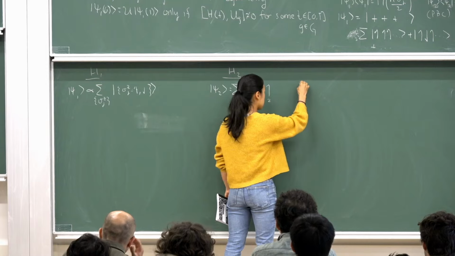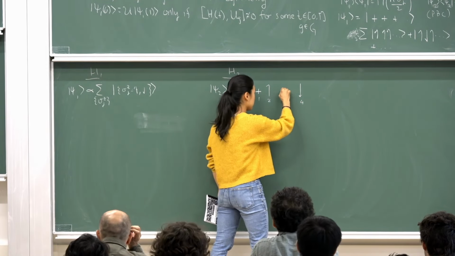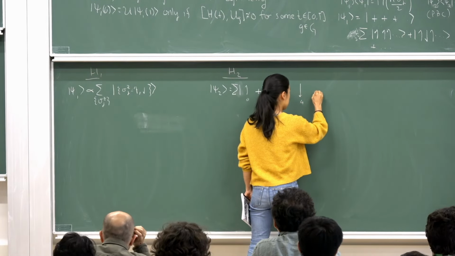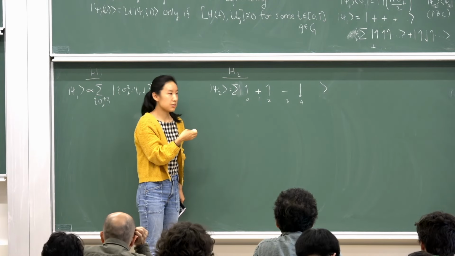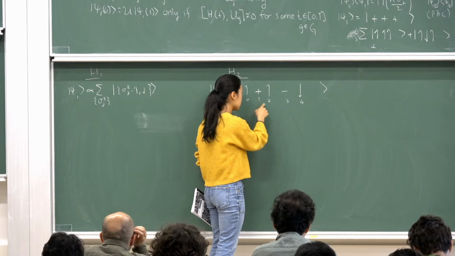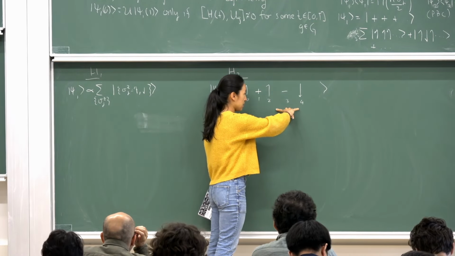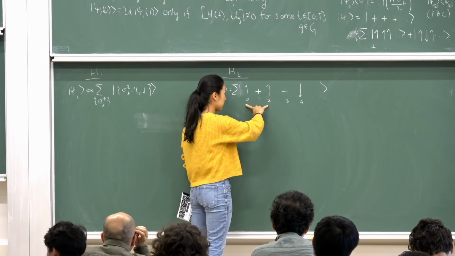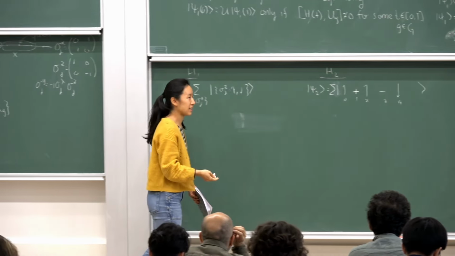However, if site 2 and site 4 have a domain wall, then site 3 has a minus in the sigma x basis. So you can write this state very explicitly. You just sum over all the domain walls on the even sites, and then the odd sites are conditioned so that when you have a domain wall on the even sites, you have sigma x minus, and if you have no domain wall, then sigma x is plus. So there's a very simple way to write down all these states.